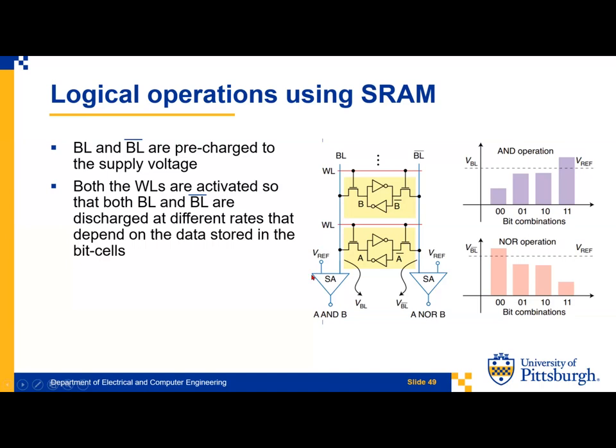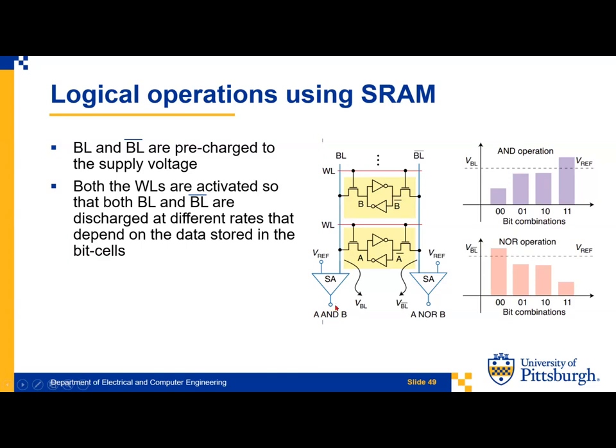So here we have a sense amplifier, and you compare the voltage between the reference voltage and the bit line. If the bit line voltage is over the reference threshold, the result is 1. And if the bit line voltage is below the reference, the result is 0.